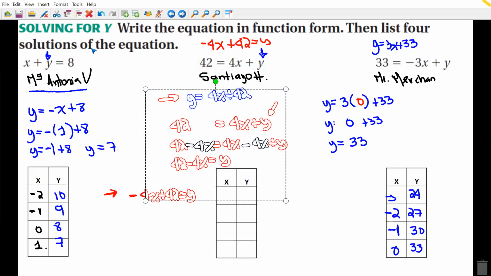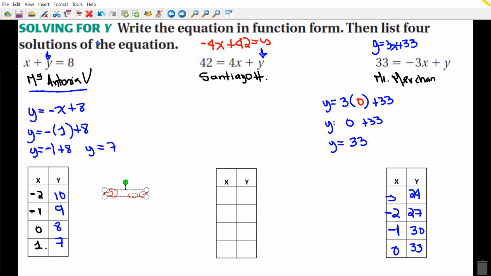Okay, I will erase this so I can have more space in order to solve the exercises. Mr. Herrera, what values would you like to replace in that equation? The x.